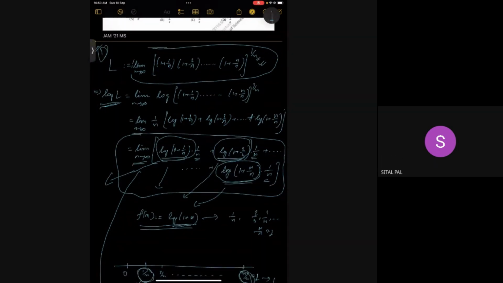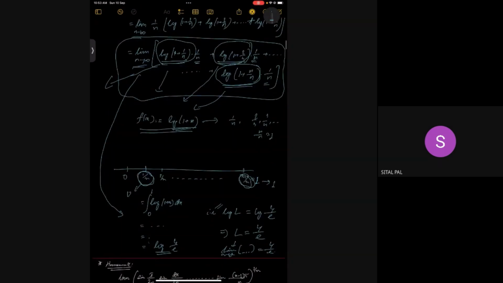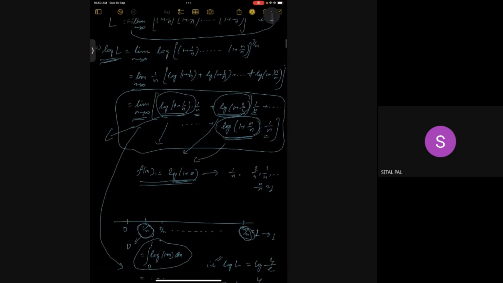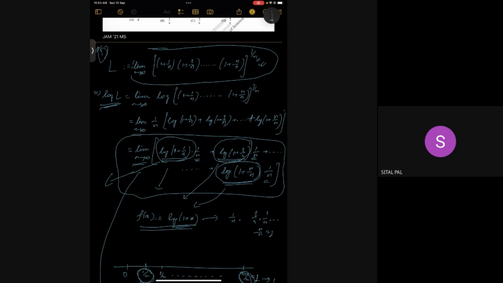The function is defined by the limit as n tends to infinity of 1 plus 1 upon n, and so on. And the third step is not the third step, precisely the fourth step. The fourth step, you are multiplying 1 upon n to the domain of that logarithmic function.